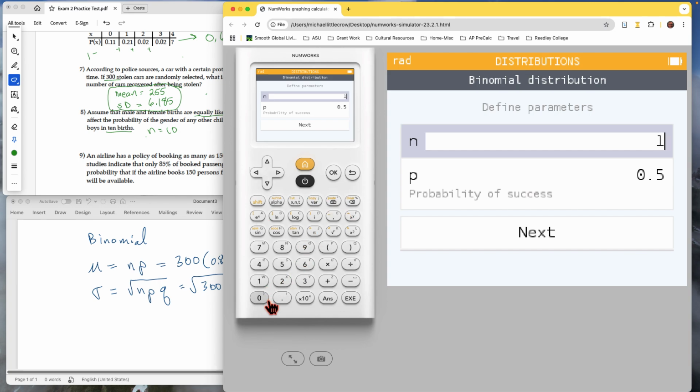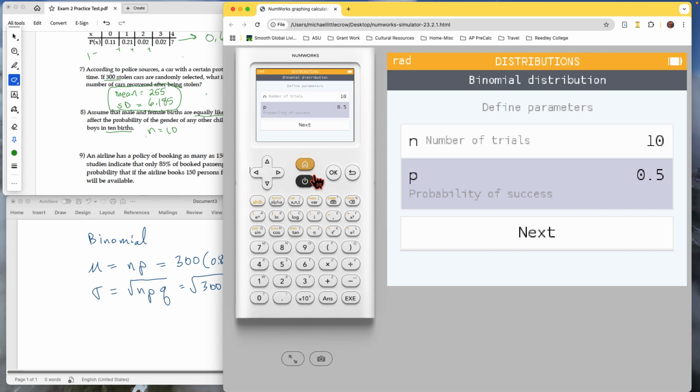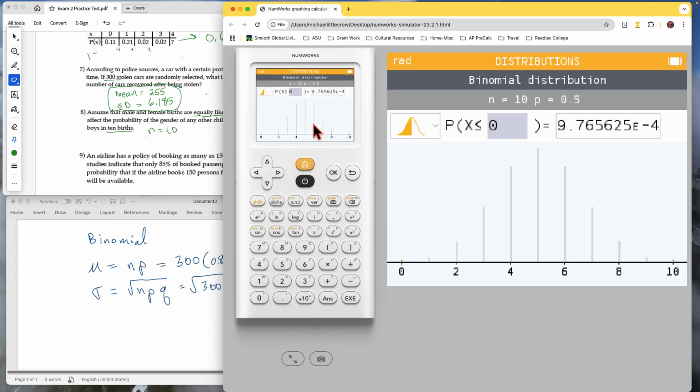So we'll put in our 10. We'll put in our 0.5, which is already there. And then, what are we going to calculate? Well, we can calculate all of these things. This one down here is equal to a particular number. So you could figure out 0, 1, 2, and 3 and then add them together. But there's an easier way.